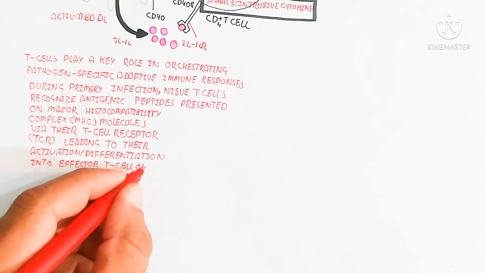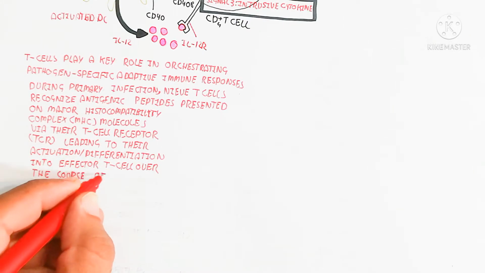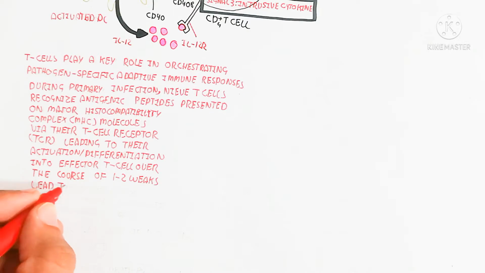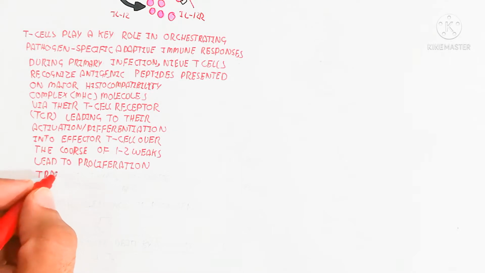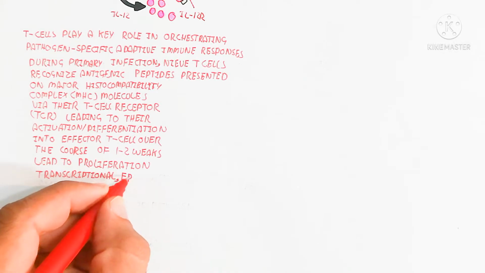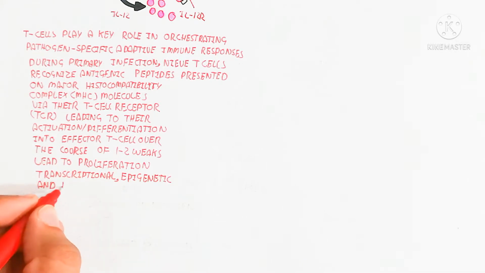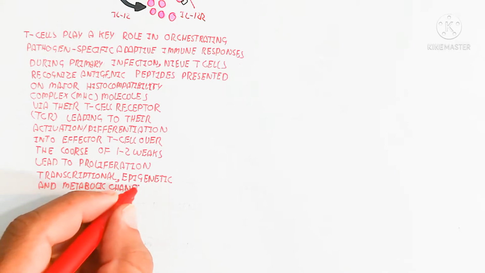After clearance of the pathogen, 90% of T cells die by apoptosis. Why? Because there is no need for more killing of the pathogen, so we need to clear them through apoptosis.